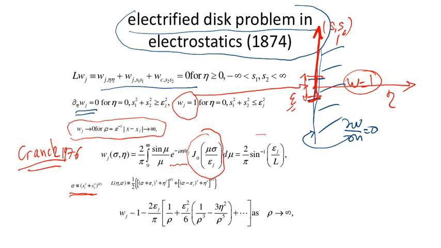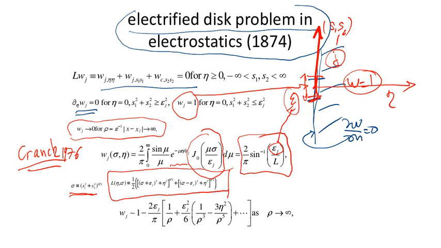And so the solution is 2 divided by pi arcsine of the radius epsilon j, for the hole j, divided by L, where L is the sum of 2 distances expressed with this coordinate sigma. Eta is the coordinate perpendicular, and epsilon j is the radius.